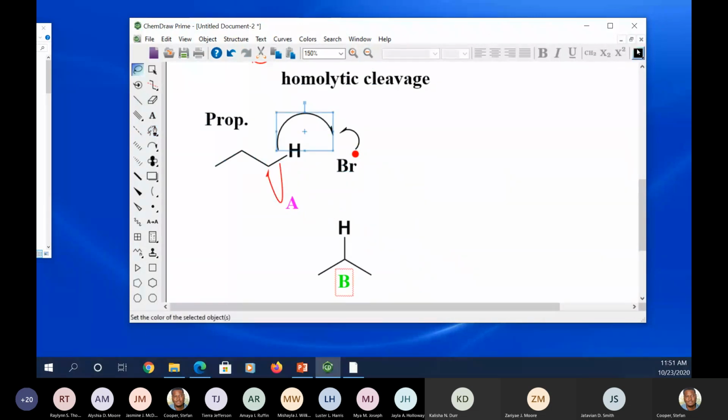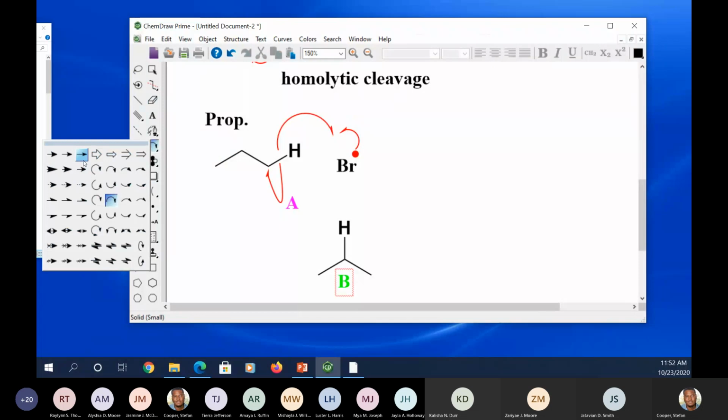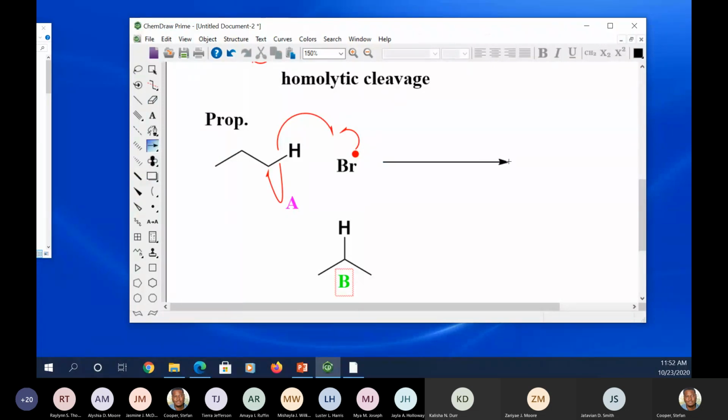All right, let's talk about this. So I'm extracting the hydrogen, right? And we know in a chemical bond, there's 2 electrons. So one of the electrons in this bond with the H is going to bond with this bromine single electron. And the other electron in this bond just resides on carbon. So let's take a look at that really quickly. What happens when I do this? All right, I'm going to move this A here. Let's put A like this.